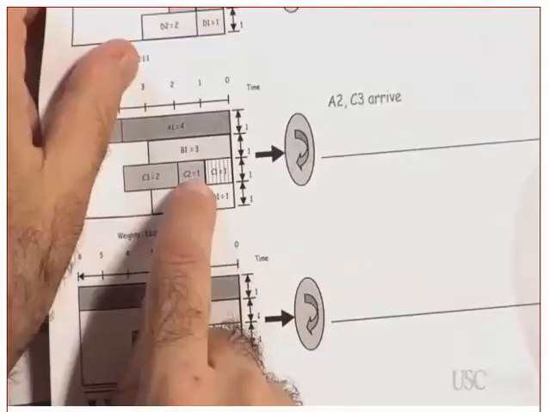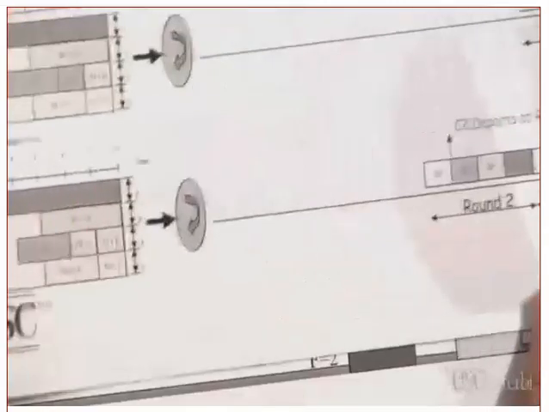So he takes 2 units from A2. Then B1. He already served 2 units. But B1 is 3 units. So, and then what? C3. C3 is how long? 2. So these are the 2 units. Yes? And then what? D2.